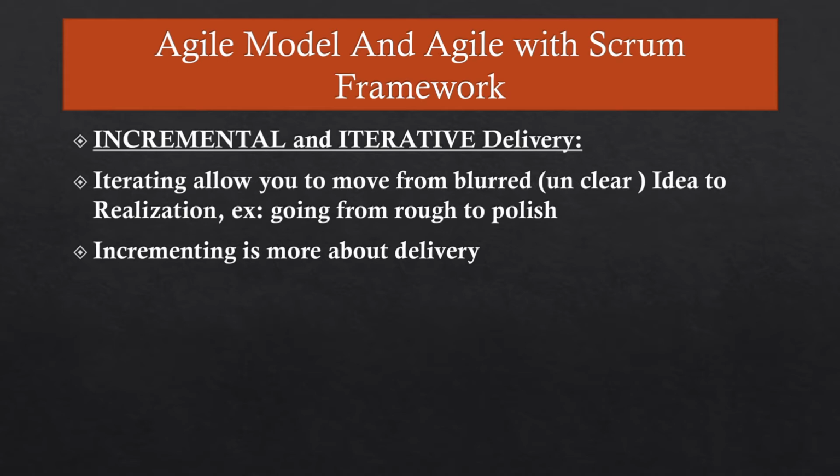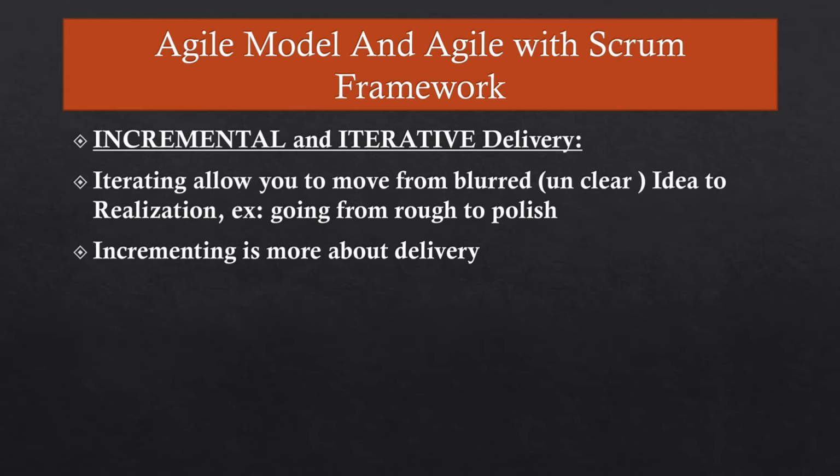Now let me discuss in brief how this agile model will work in real time. In the agile model each project is broken up into several iterations, as we discussed.